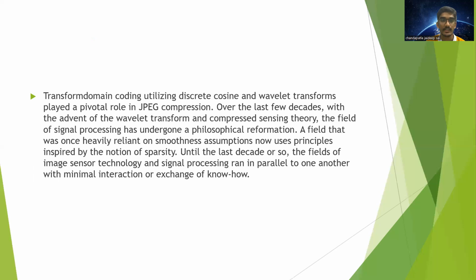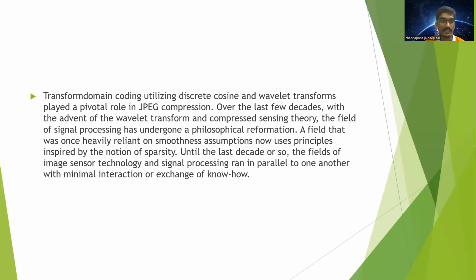Transform domain coding utilizing discrete cosine and wavelet transforms played a pivotal role in JPEG compression over the last few decades. With the advent of wavelet transform and compressed sensing theory, the field of signal processing has undergone a philosophical reformation.